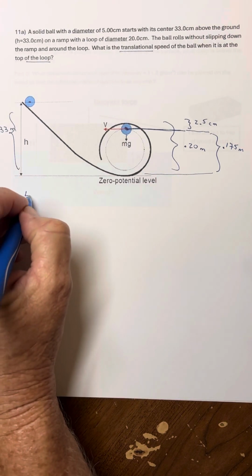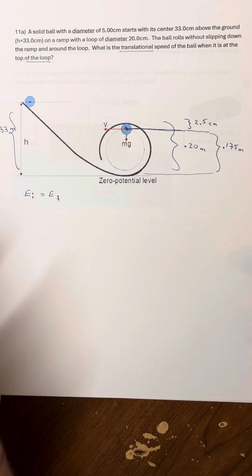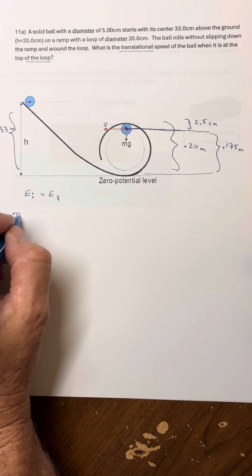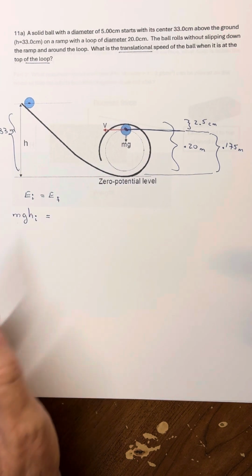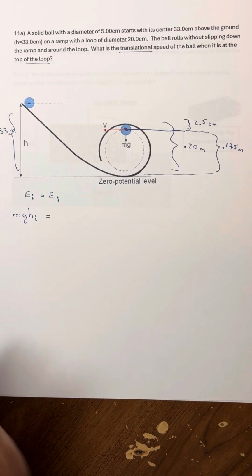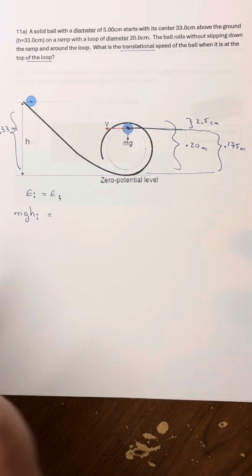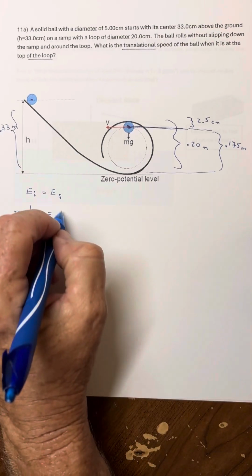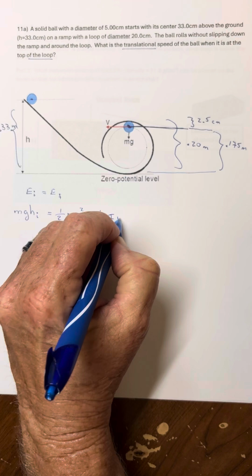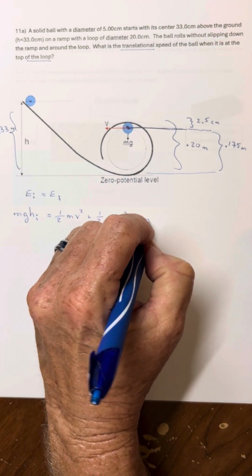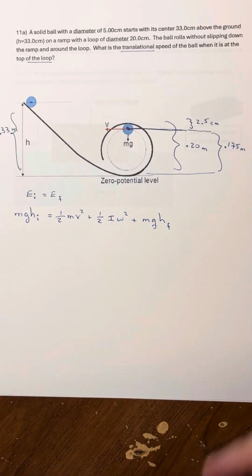So using conservation of energy, so I'll say initial energy is equal to final energy, I can start by saying, well, it only has gravitational potential energy. So I'll say mgh initial, that's its initial potential energy. But as it comes down, goes around the loop here, on the other side, it has a translational kinetic energy as well as a rotational kinetic energy, as well as being off the ground a little bit.